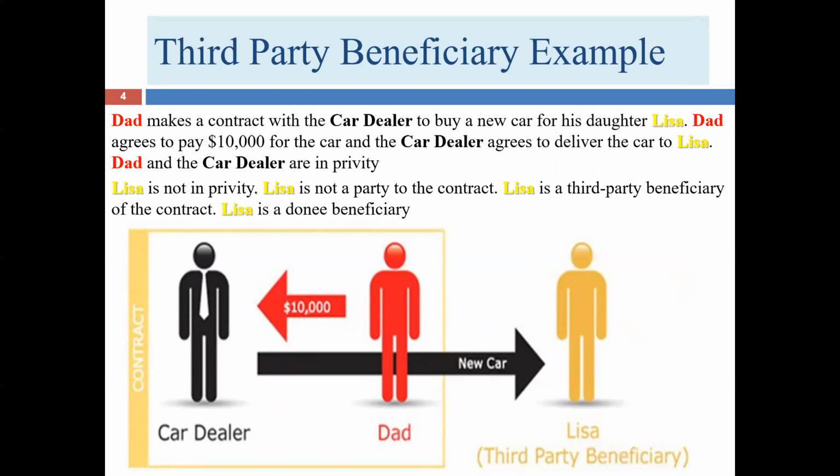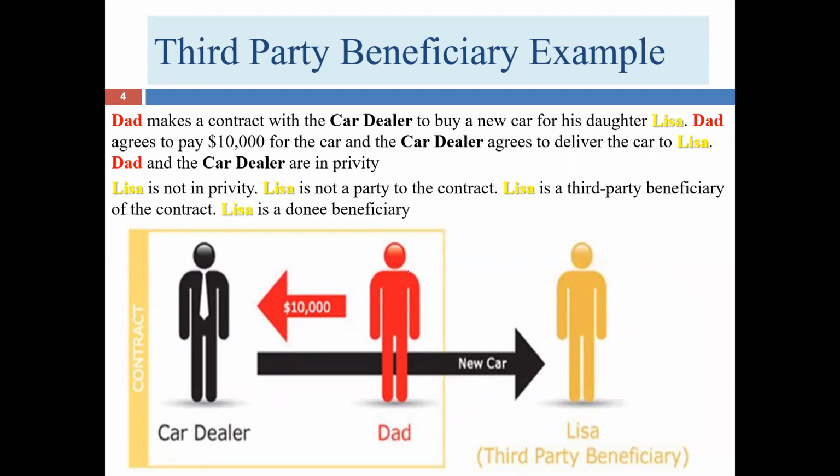It's a $10,000 car. And the car dealer is saying, listen, Dad, if you give me the $10,000 for the car, we'll deliver it to Lisa's dorm. We'll even put a beautiful red bow on the car. And we'll go up to her dorm room, we'll knock on the door, and we'll give her the keys, and she'll be so thrilled. Okay, so Dad is thinking this is the best way of doing it.